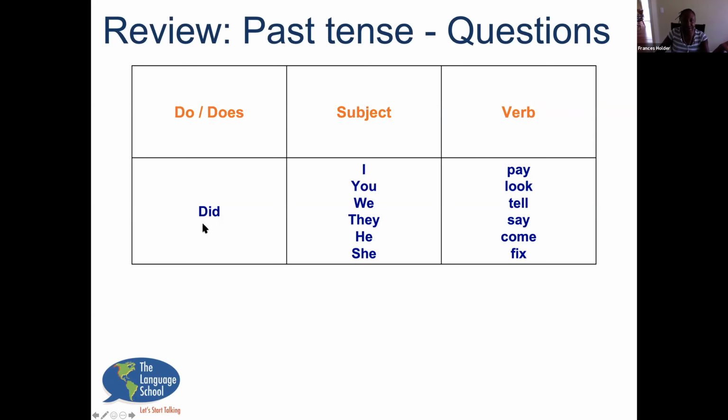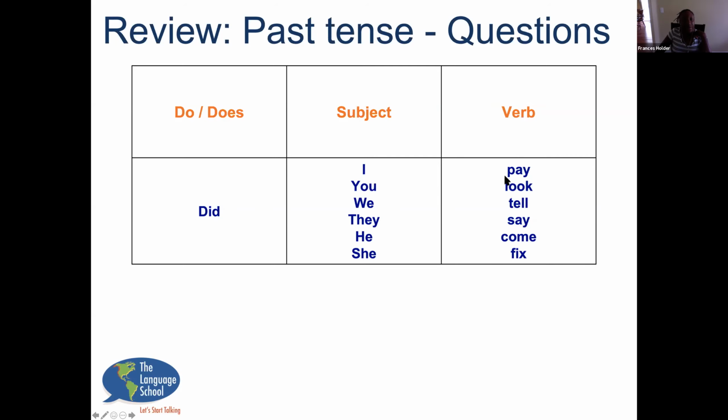So it's easier in that respect. You don't have to remember, oh my God, if I say he or she or it, I need to use does. For all of them, you use did, okay? So did I, did you, did we, did they, did he, did she, and of course, did it, and then the main verb.